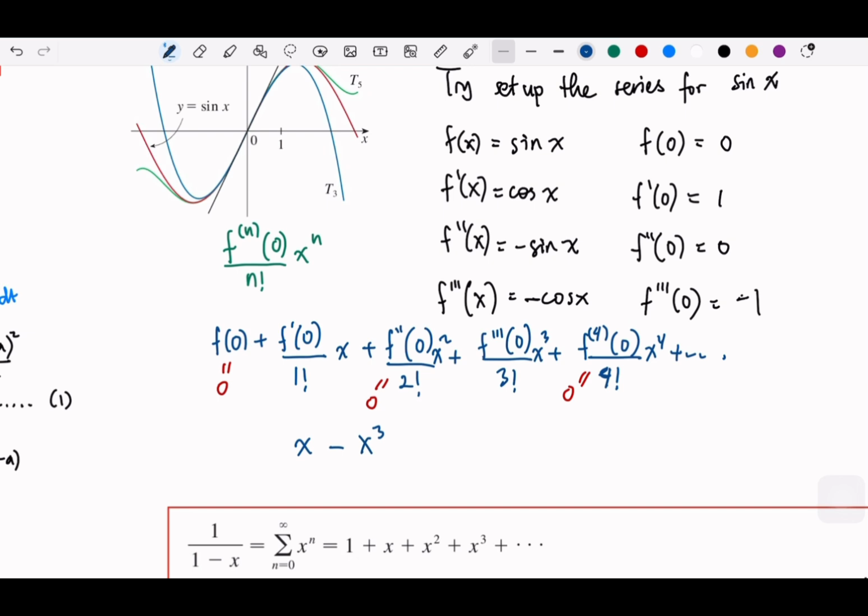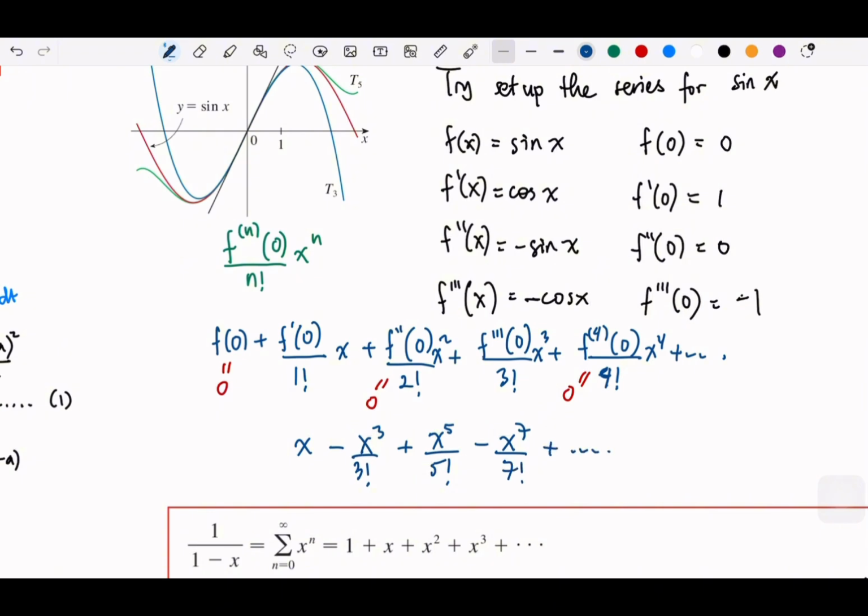Okay, and then if we imagine that there will be another 5, we're going to have another positive number, where we take 5 factorial, and we are going to simply write down another negative, and then another positive, and so on and so forth.